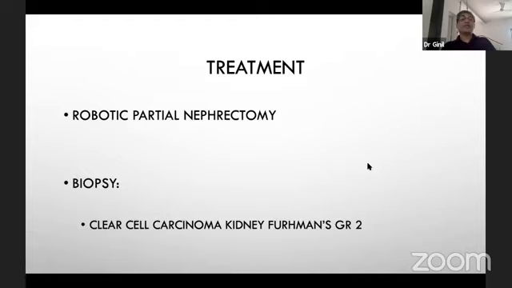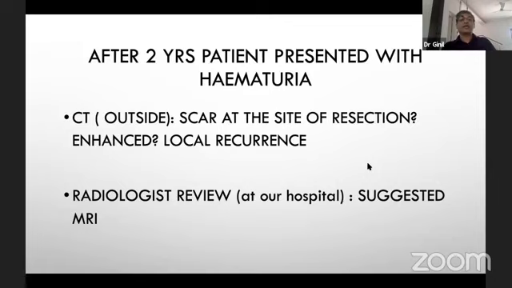So we proceeded with robotic partial nephrectomy, and the pathology was clear cell tumor, grade 2. But the story doesn't end there. He was on follow-up, and after 2 years he presented with hematuria. There was a scar at the site of resection. There was equivocal enhancement according to the CT from outside.